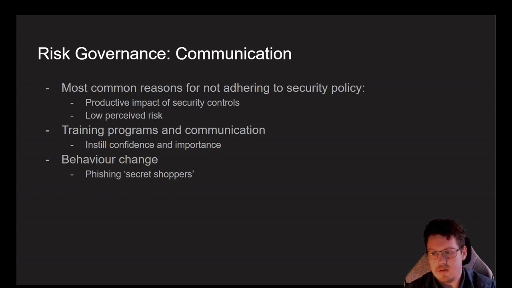The most effective way of doing that is to instill a sense of importance in the employee and show that if they don't do what they're supposed to in regards to a specific security policy, or if they're not vigilant, then bad things can happen, and they actually can happen. It's not unimportant. The risk is not low just because you perceive it.